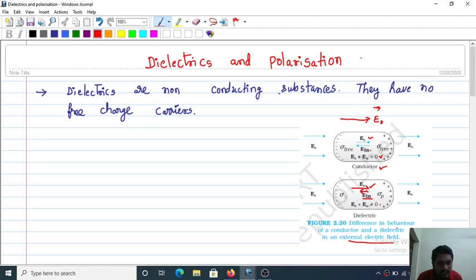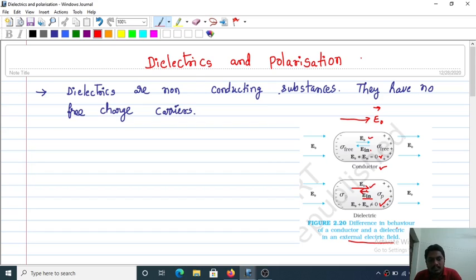The net electric field inside a dielectric is not 0. Inside the conductor the electric field is totally cancelled, but in a dielectric it is not completely cancelled. Some electric field exists.